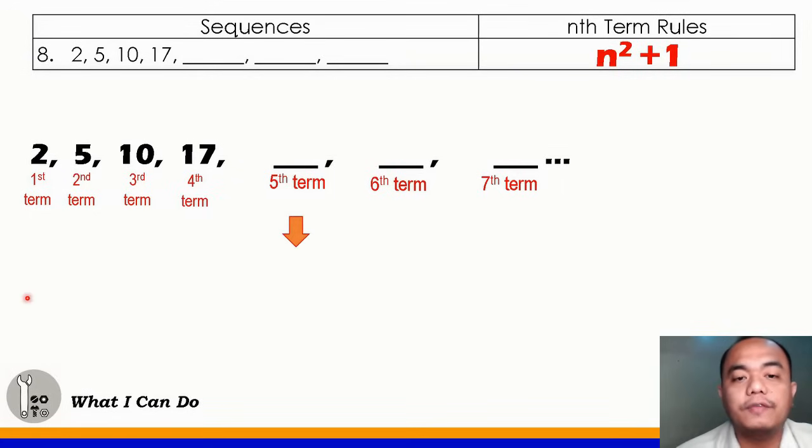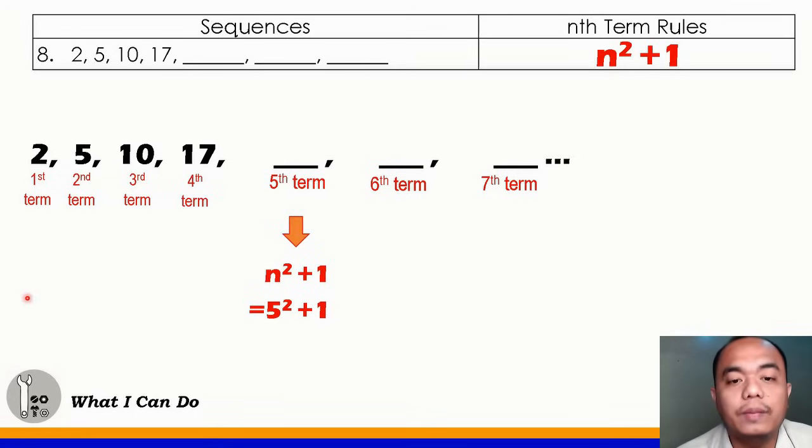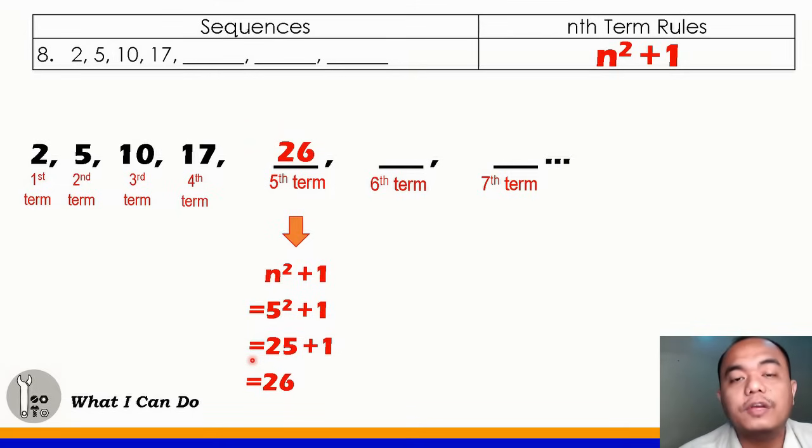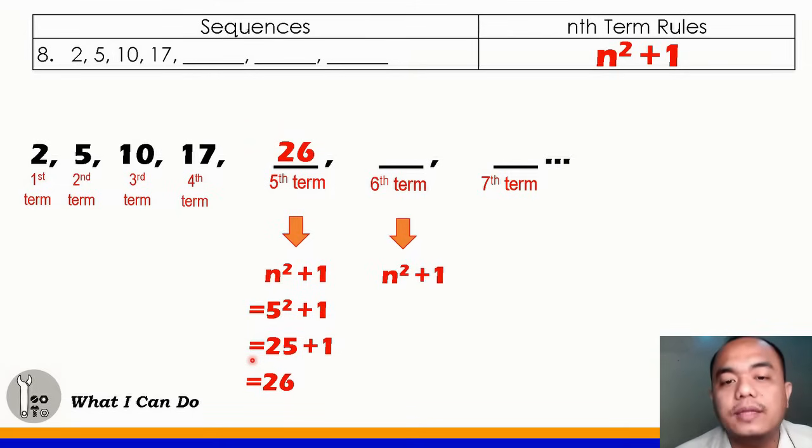So let's have first the 5th term. Let's use n squared plus 1. N will be replaced by 5 because this is 5th term. And 5 squared plus 1 is equal to 25 plus 1. So this is 5 times 5 equals 25. So this is 26. So our 5th term here is 26. Next is n squared plus 1 still.